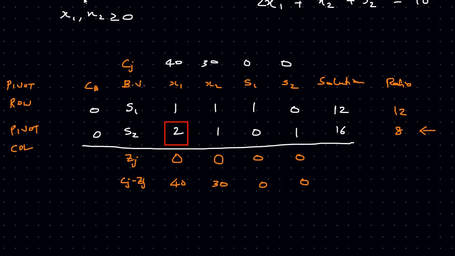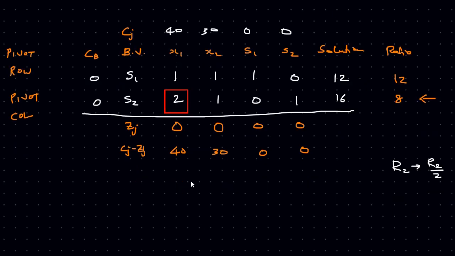We do that by using basic matrix elementary operations. In order to make this 1, we can just divide row 2 by 2.